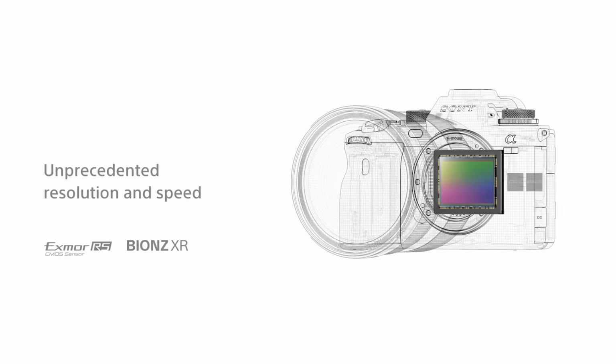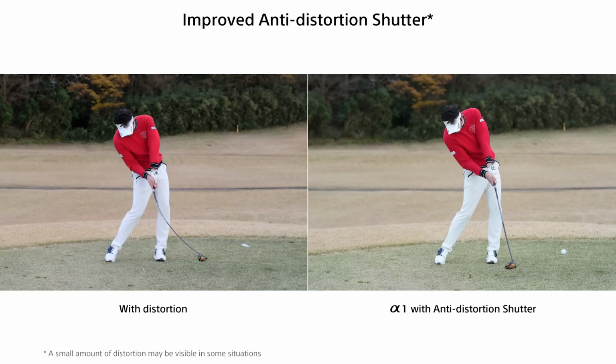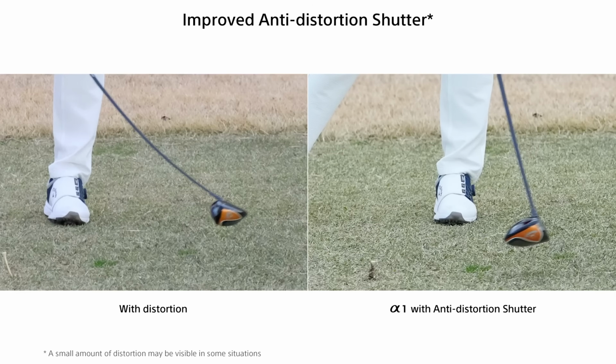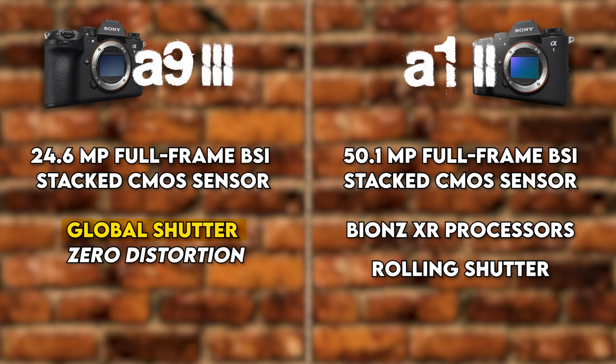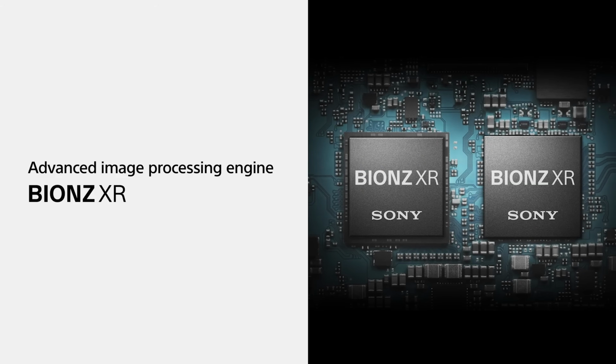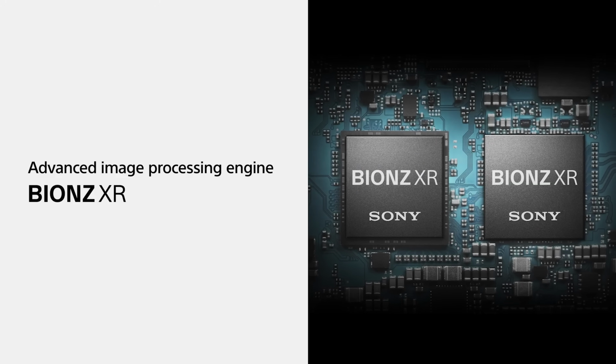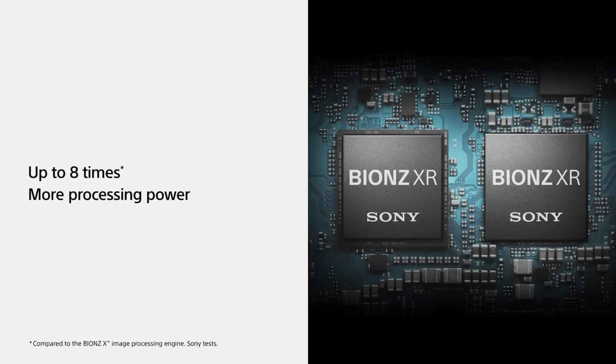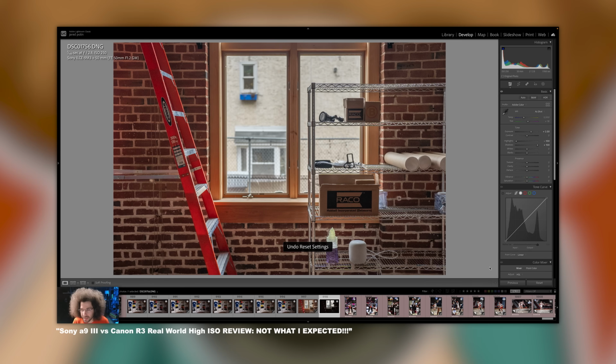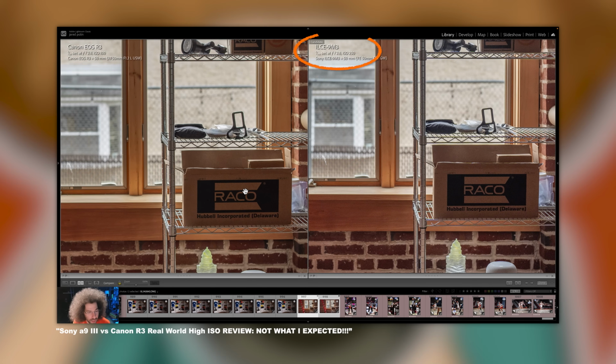This is a stacked sensor, so it is one of the fastest reading sensors on the market, but it is not a global shutter. The A9 III has the global shutter sensor in it. It also is powered by dual Bionz XR processors, and this one favors speed over quality, but it does take a slight hit when you get to dynamic range.